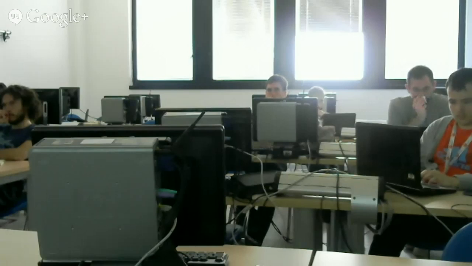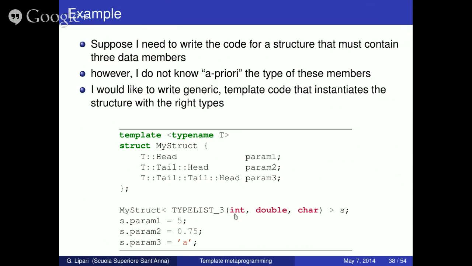So I want something like this: my structure type list 3 int, double, char, and then this defines parameter 1 as 5, parameter 2 as a double, 0.75, and the third parameter is a character.